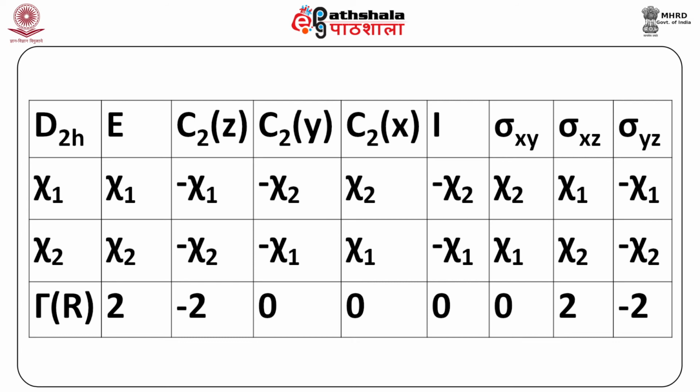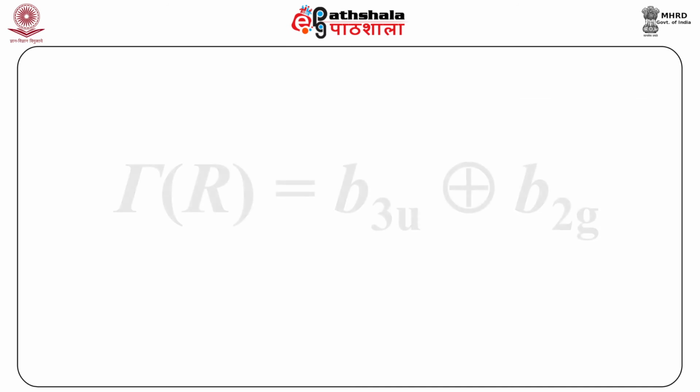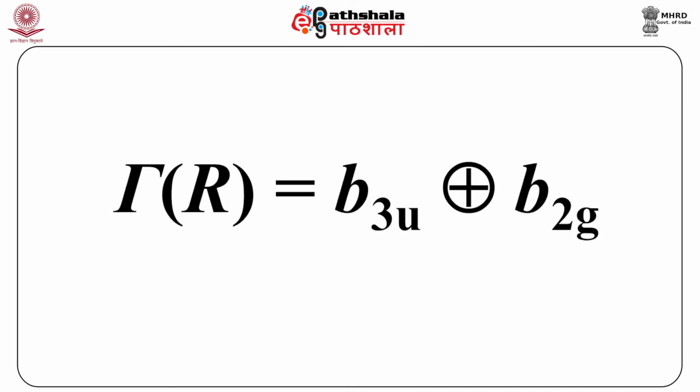Since both orbitals remain unshifted under E, the character is plus 2. Rotation about the z axis reverses the signs of the 2px orbitals but leaves them unshifted, so the character will be minus 2. In a similar way, rotation about the y axis not only reverses the sign of the orbitals but also shifts them, and hence the character is 0. For the other operations, in the same fashion, the remaining entries can be obtained. Now, when you resolve the reducible representation, you find that it is equal to B3u plus B2g.